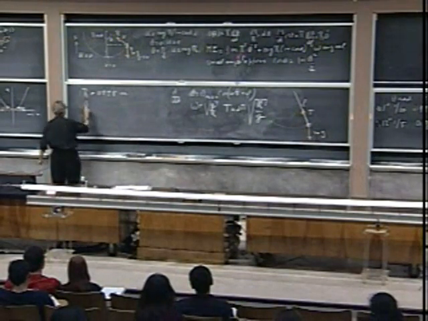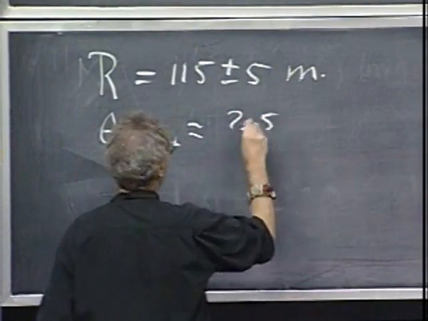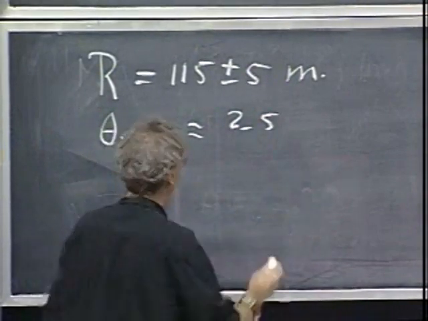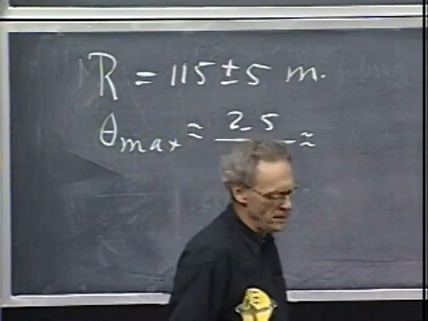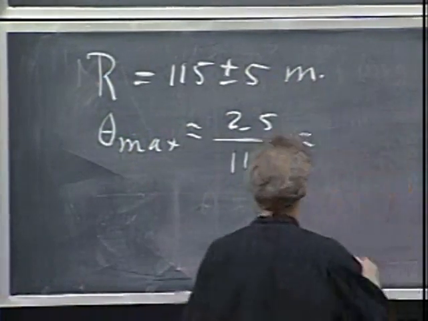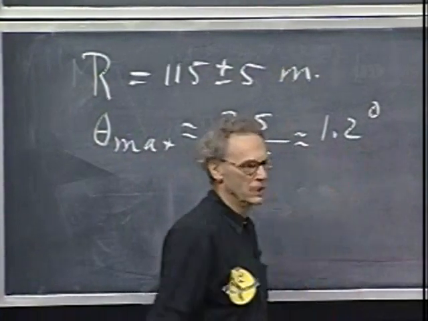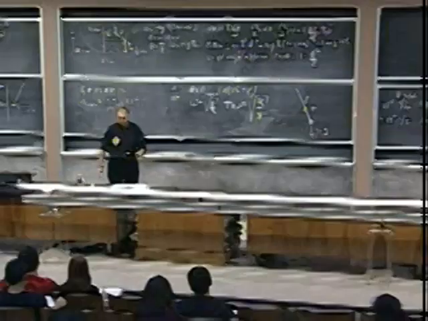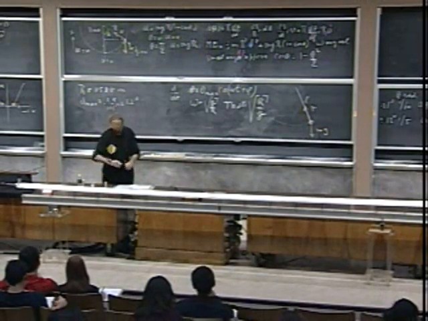So the angle theta maximum is approximately 2.5 meters, which is half the length of the track, divided by 115, and that is an extremely small angle. That is about 1.2 degrees. Because this is in radians and this is in degrees. So the angle is very small, so we should be able to make a perfect prediction about the period.